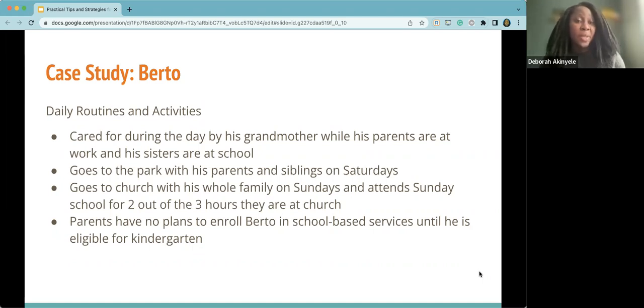And so really what happens is, by focusing on a specific routine that is consistent, that would be easy for parents and caregivers to incorporate the use of a device into, we're really increasing the likelihood that when in other times this word is used or these words are used, the child will be able to make the connection between how his communication device was used and how he can also use his communication device during that time.